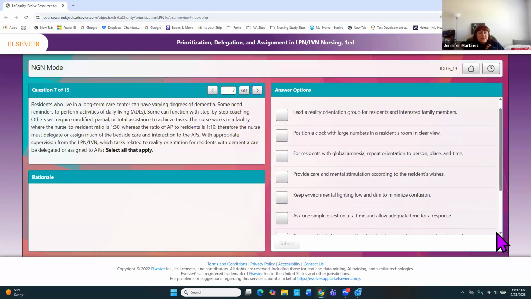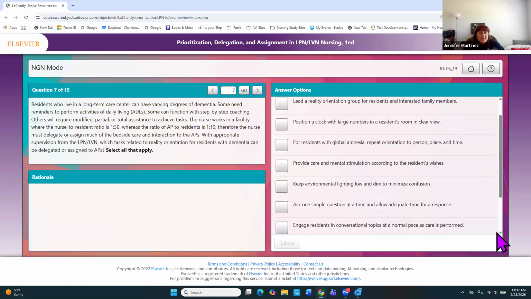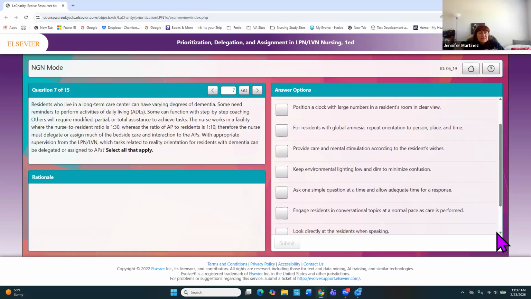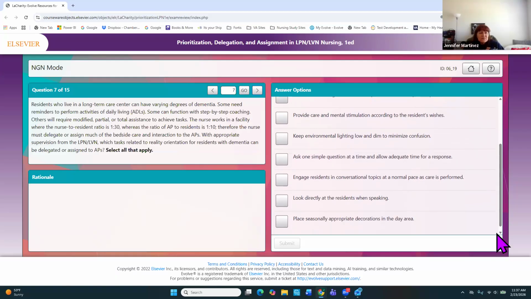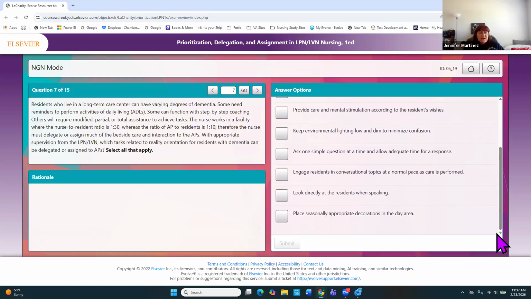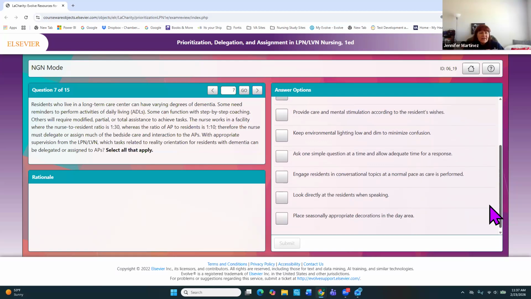Provide care and mental stimulation according to the resident's wishes. Keep environmental lighting low and dim to minimize confusion. Ask one simple question at a time and allow adequate time for a response. Engage residents in conversational topics at a normal pace as care is performed. Look directly at the residents when speaking and place seasonally appropriate decorations in the day area.